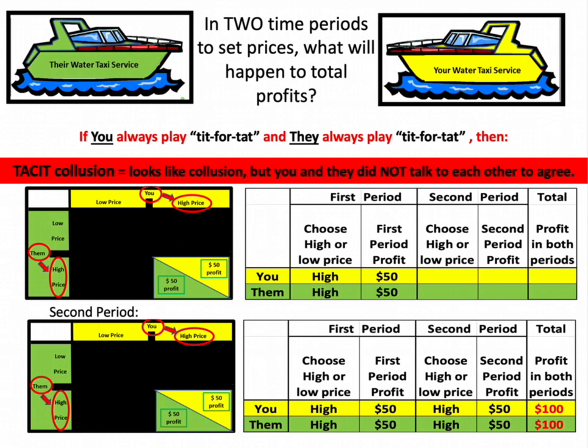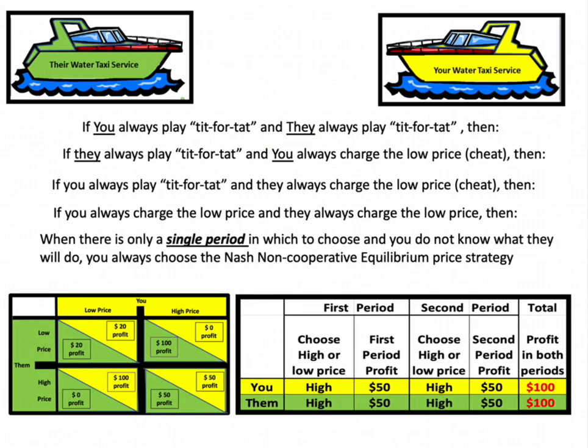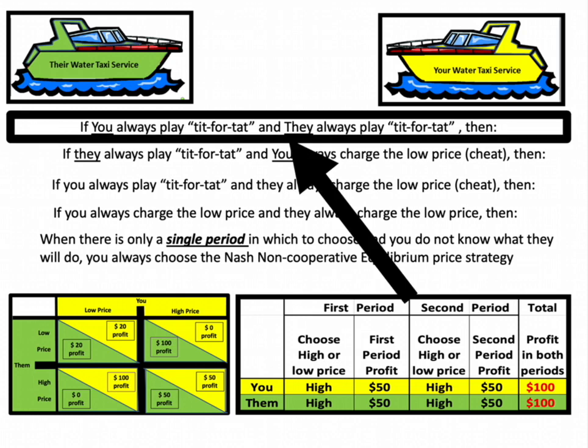Okay. So how would we answer that one? So again, if we have the block on the lower right with the numbers, and we look at what our choices of answers are, and that's nothing we have to worry about. Okay, so we see that the choice for that is you always play tit for tat, and they always play tit for tat.